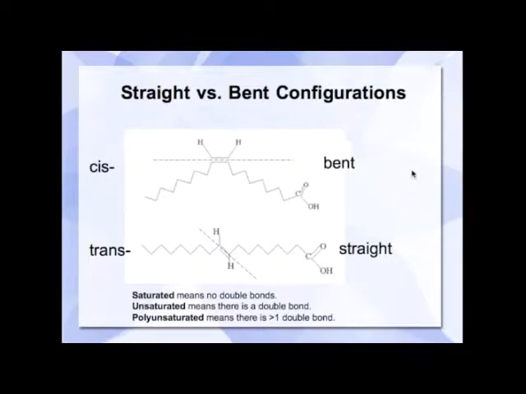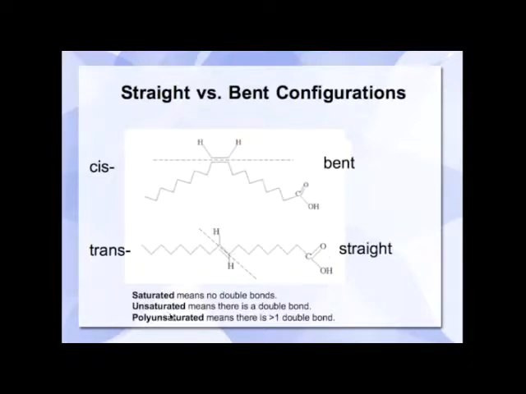Key terminology to know is that when we say a fatty acid is saturated, it means that there are no double bonds in the fatty acid chain. And the double bonds refer to double bonds between the carbon atoms in the zigzag region, and not, I repeat, not the double bond between the carbon and oxygen at the polar end.